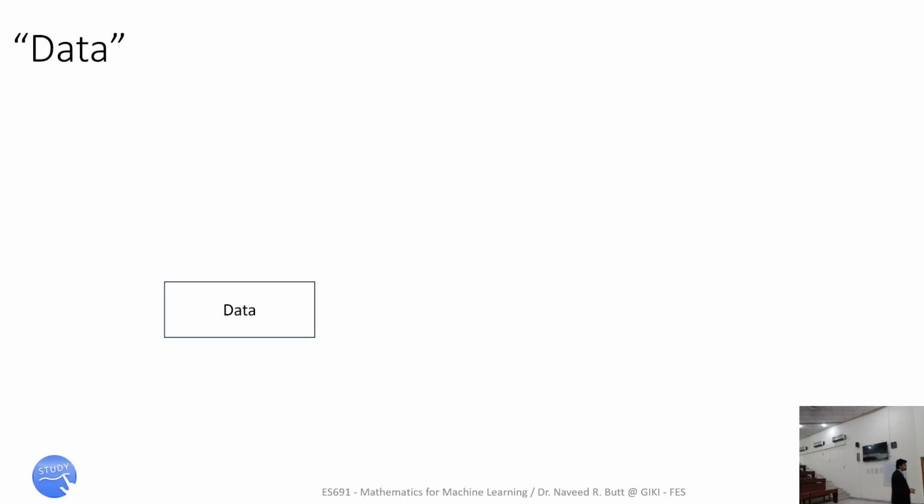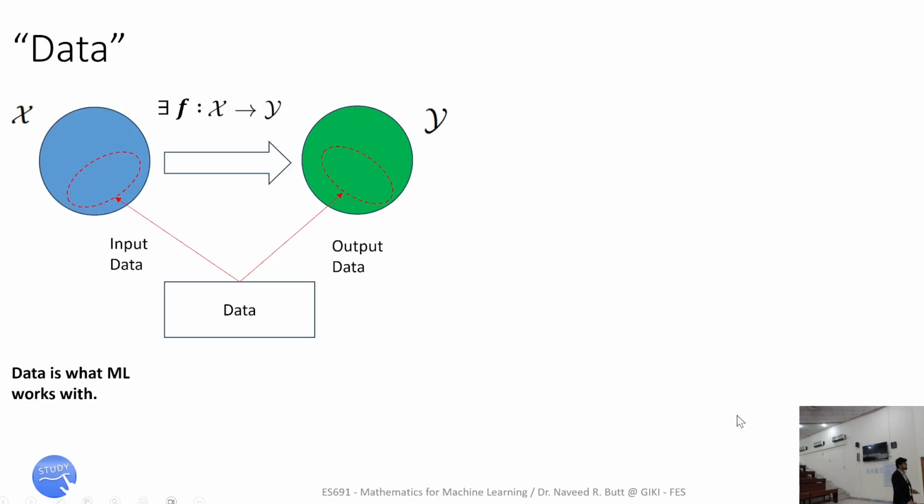So, when you hear the word data now, data क्या है? That carries some information. From machine learning perspective, we will call something data that our machine learning algorithms work with.